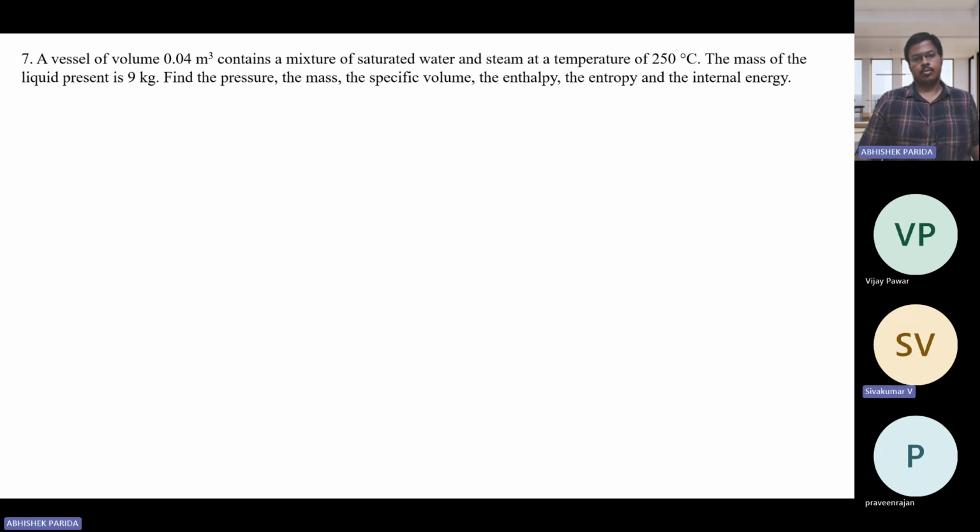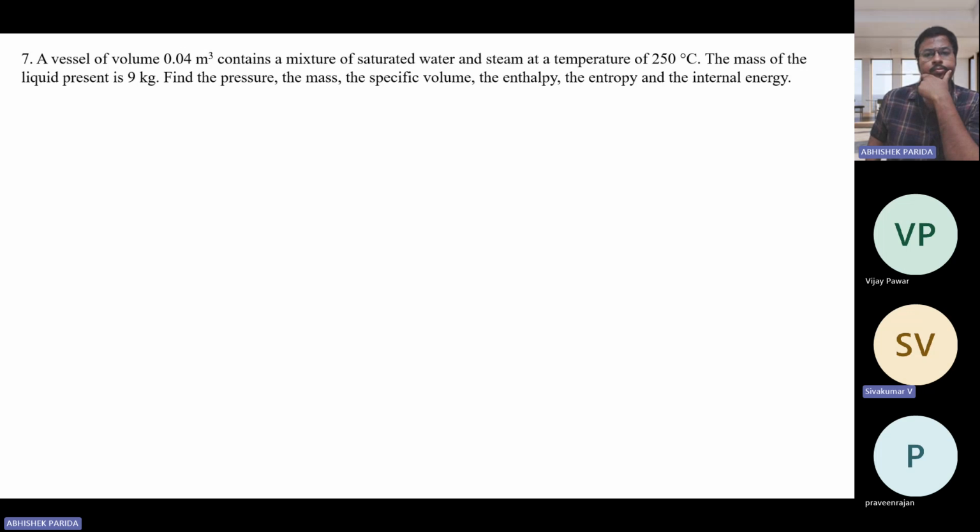Here total volume of the vessel is given. From this we can calculate the volume of vapor. The remaining is volume of vapor. So we can find the mass, because volume of the vapor divided by specific volume. We can get the mass of the vapor.